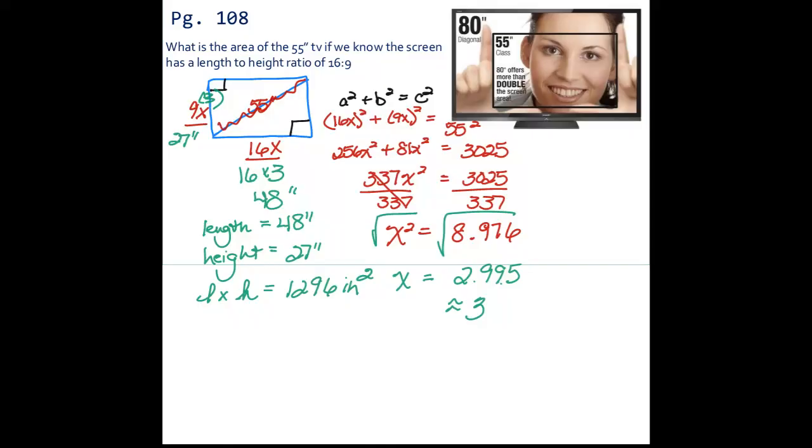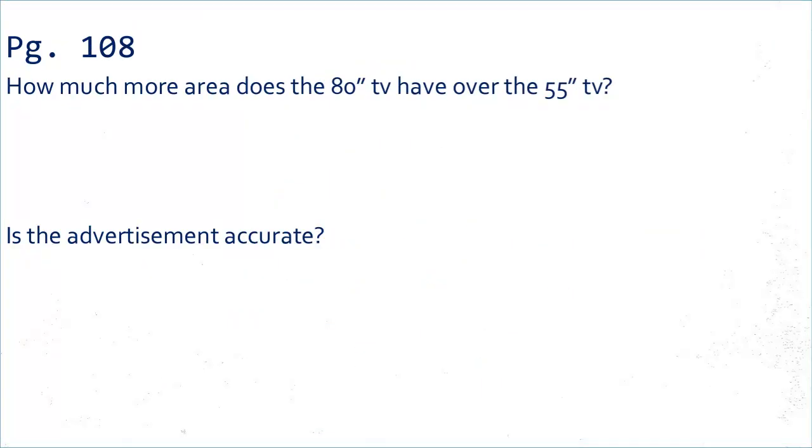So that is the size of the 55-inch TV, right? Yes? All right.